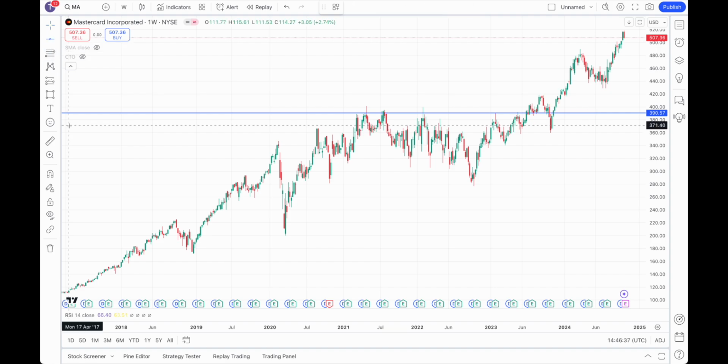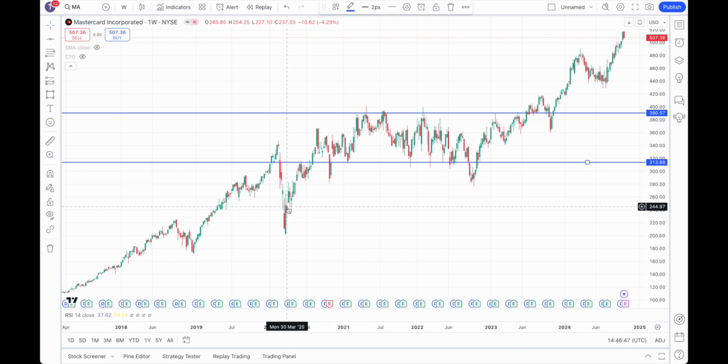Where else can I see support or resistance? If I just continue looking, about here, I'd say, you can see it was resistance here, price broke down from it, but it came back in, and you can see one touch here, again here, here, here, here, and here. So I know this is an important level as well.